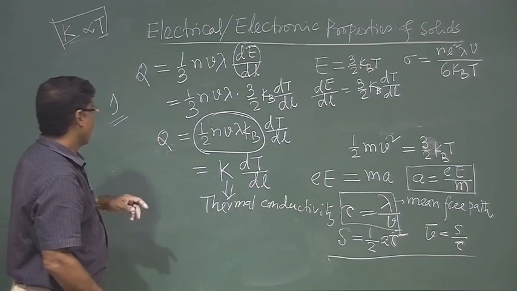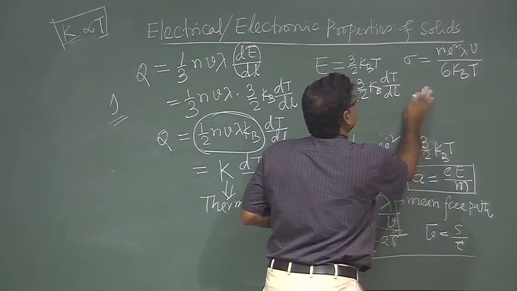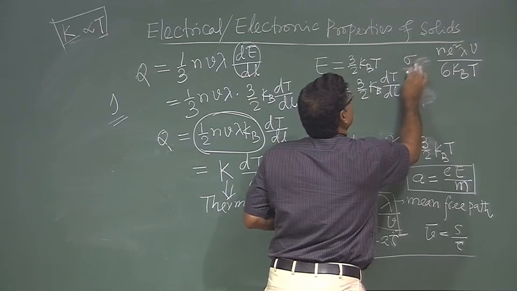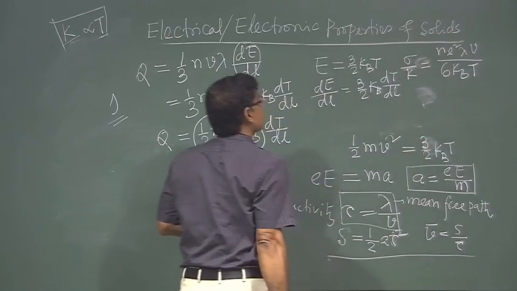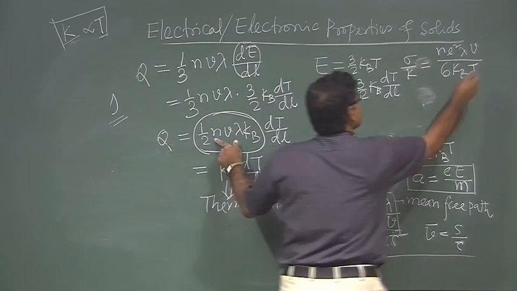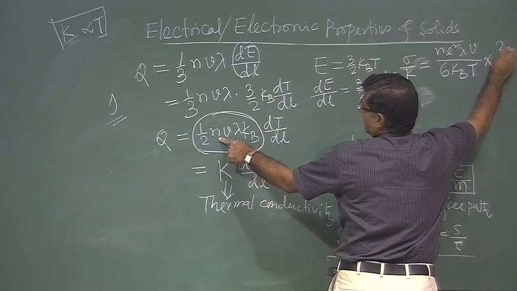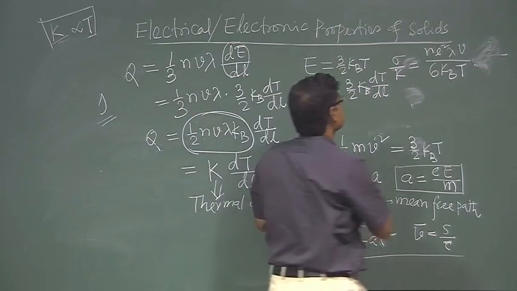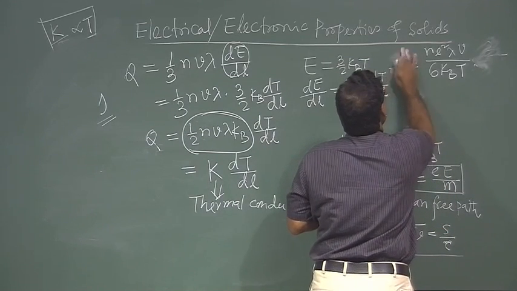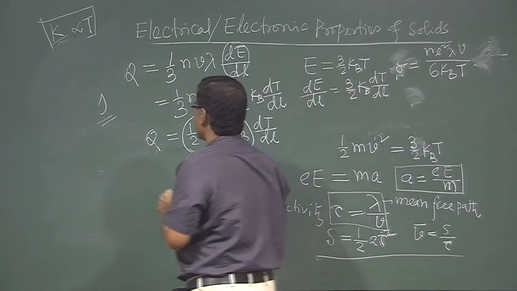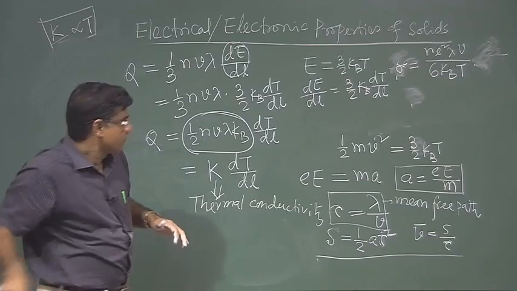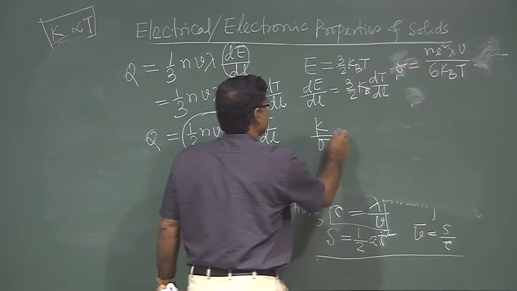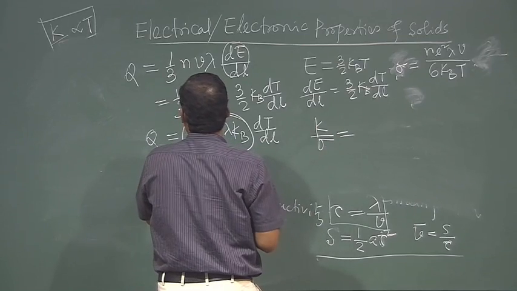Okay. Now, if you find K by sigma, or sigma by K, let me write K by sigma, the ratio of thermal conductivity and electrical conductivity.